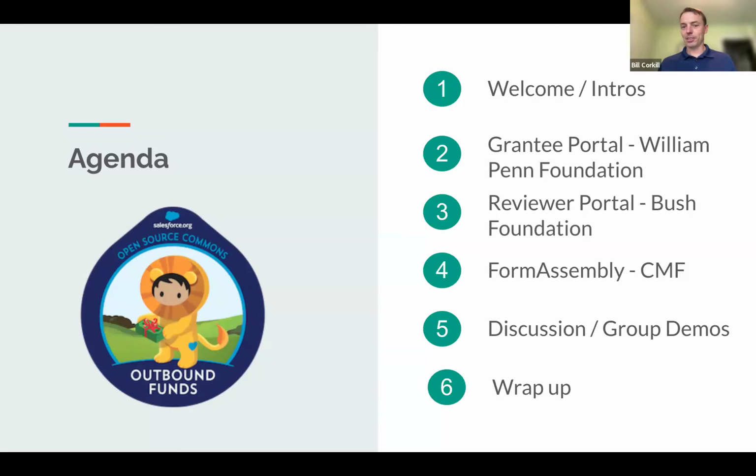But we as a community are still here and want to engage with all of you and learn from each other and share experiences about how different people are managing their grants, scholarships, other flows of money out of your organizations using Salesforce. I know portals is always one of the big topics. Once you figure out how to track grants in Salesforce, it's like, okay, now how do we let people interface with those?